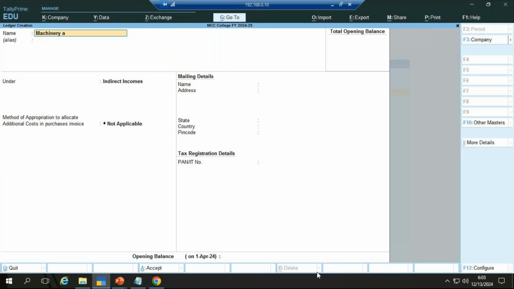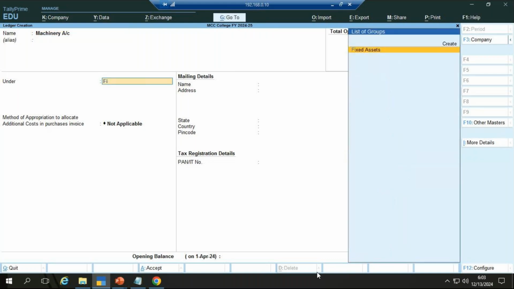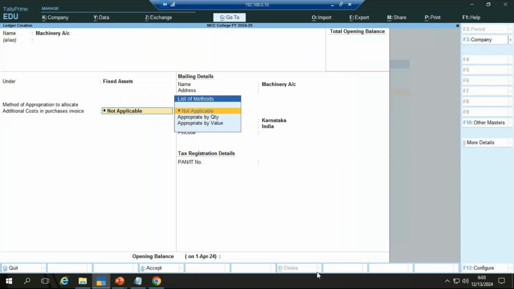Next, machinery account comes under fixed asset.